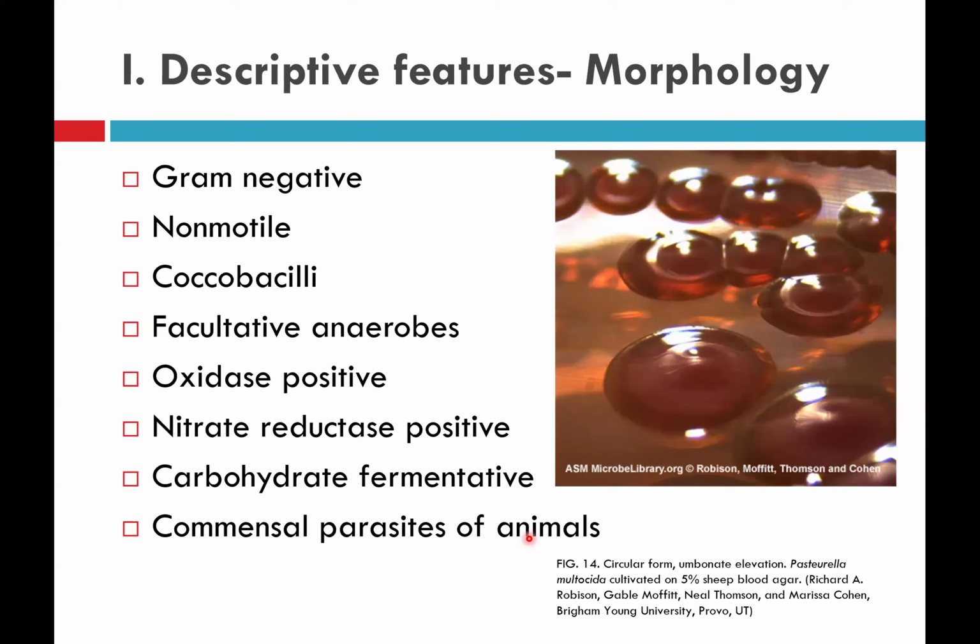This means that they are commonly found in the respiratory tract of most animals. And here's an example of the colony. They have circular umbonate elevation. That's Pasteurella. So remember the umbonate, it has a knob on top of it.